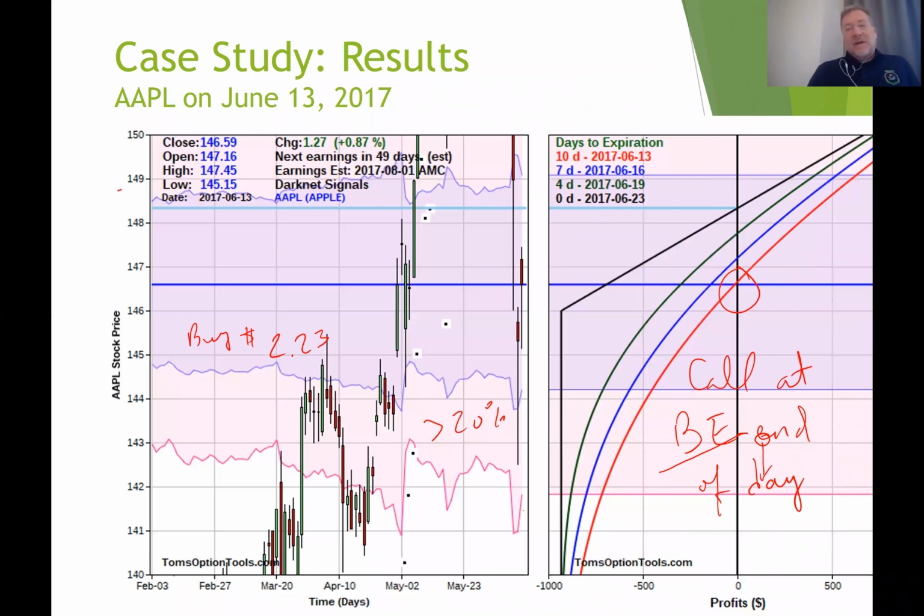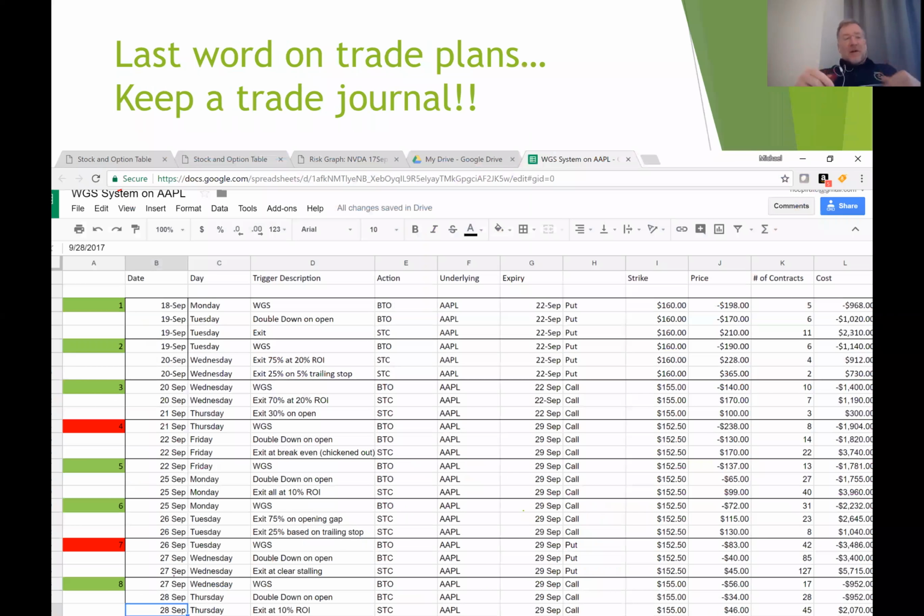We already know what we're going to do in advance when we actually get into a position. And the last word, and this is in the chat already: keep a trade journal. This is mine. I put a couple of them up on Google Docs, and people have access to them on some of the systems that I run. This is my system on Apple that I'm running right now, loosely based on Green Goose.